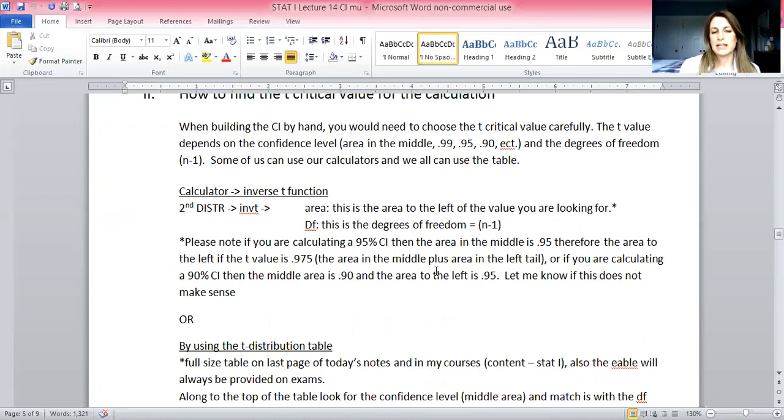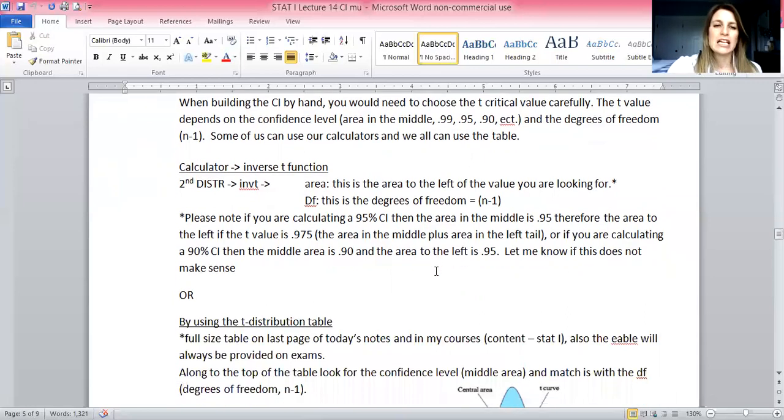And the other way is by using the T distribution table. Now, I will always supply the table for you. It's in the last page of these notes, the full size table. And I will always include it on an exam document for you. So if you would rather just use that and not even worry about your calculator, then that's fine. If you want to learn the calculator way, then that's fine as well, if you have that function there.